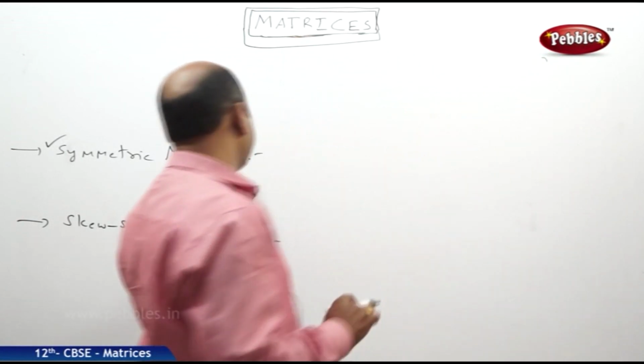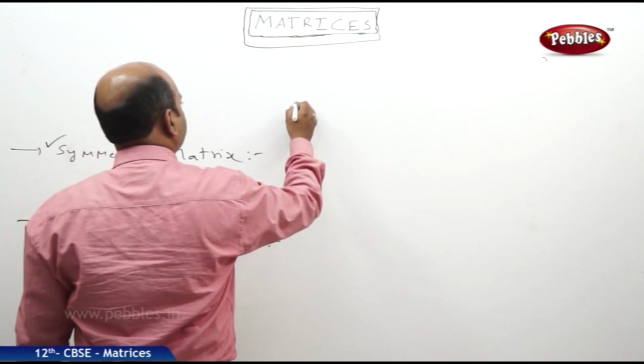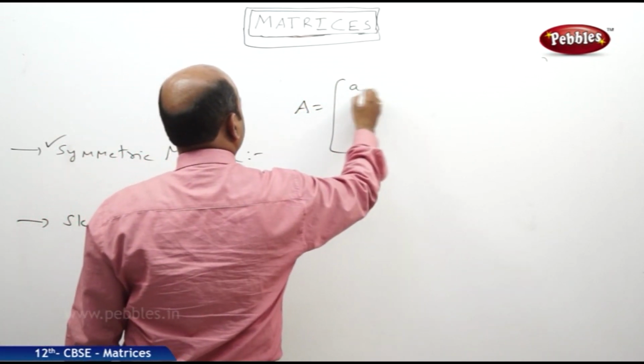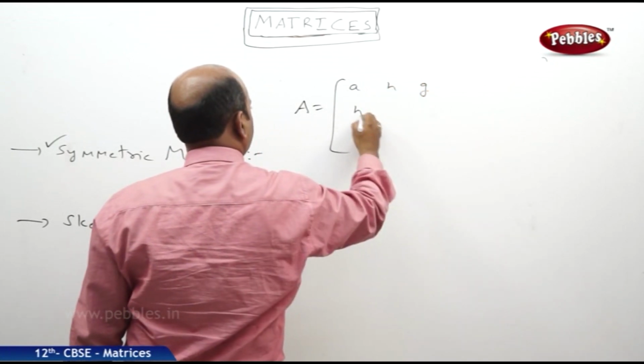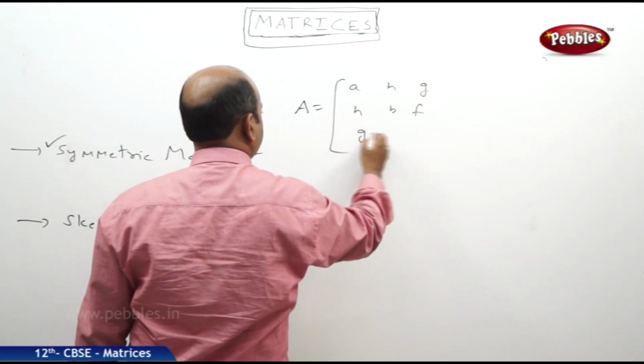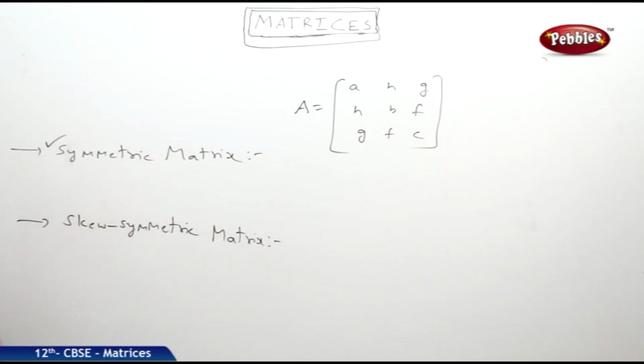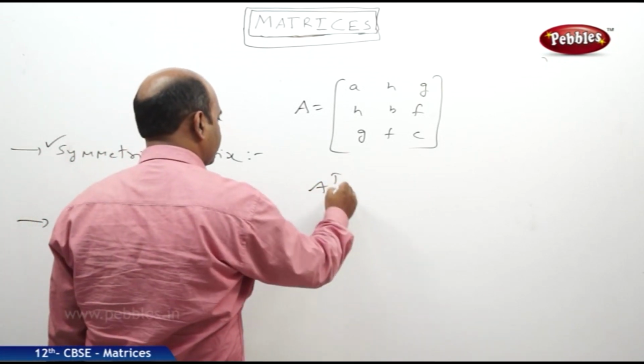I go by an example of a symmetric matrix. Suppose I take a matrix capital A like this: A H G, H B F, G F C. I want to find A transpose.